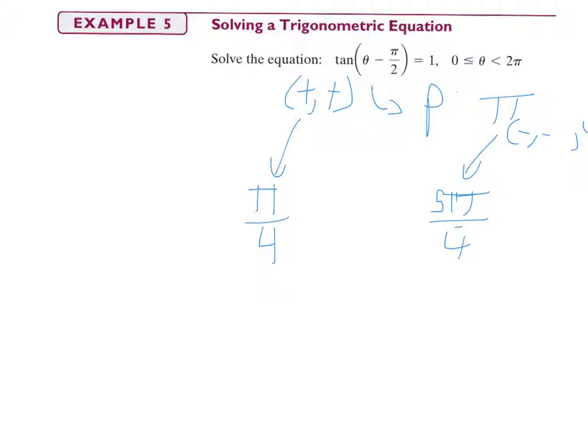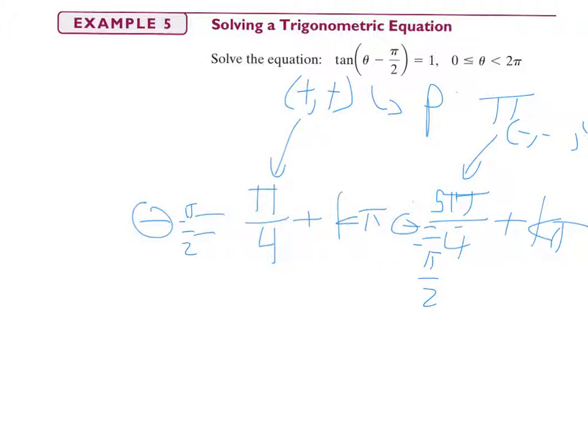So our angles we would get by adding intervals of k pi to both angles. But wait, they're not equal to theta. They're actually equal to theta minus pi over 2.